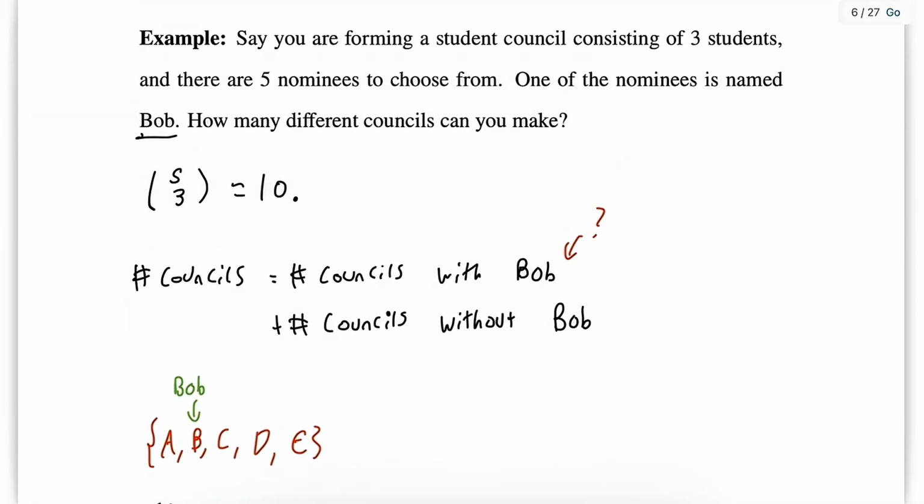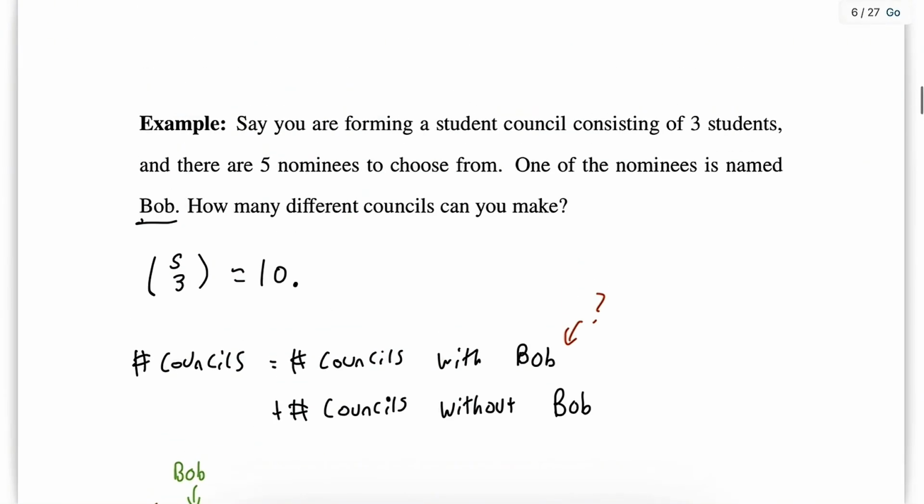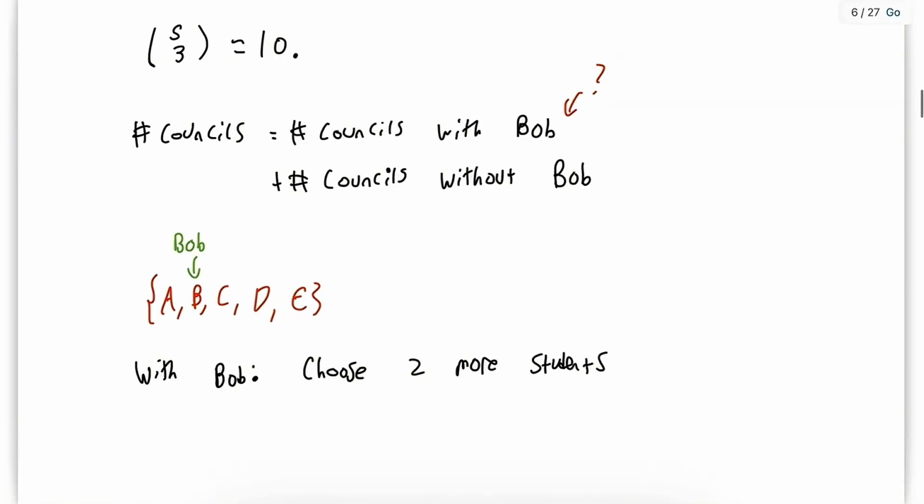We need to choose 2 more students, right? And now we have 4 nominees, A, C, D, and E, to choose from. So choose 2 more students from 4 nominees.